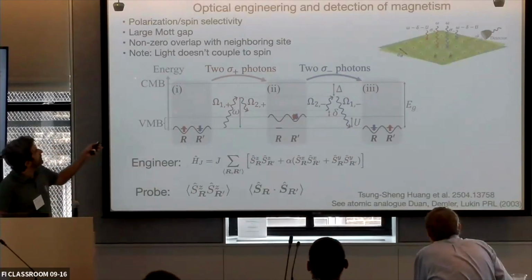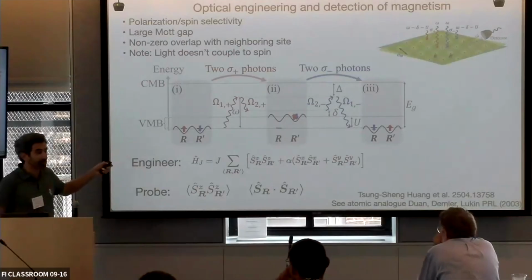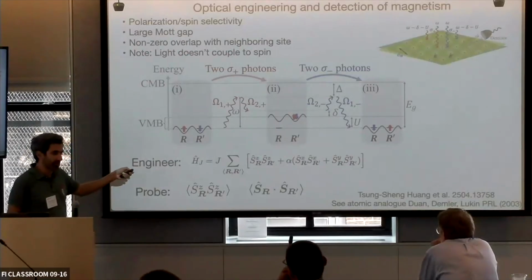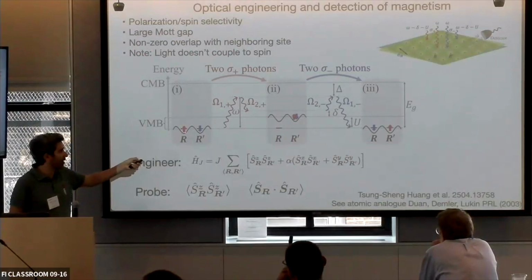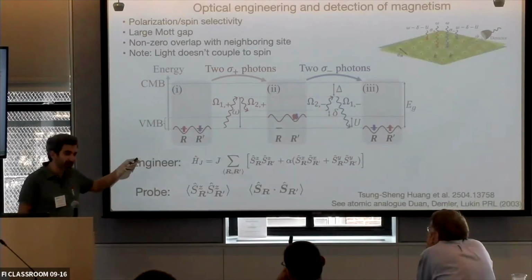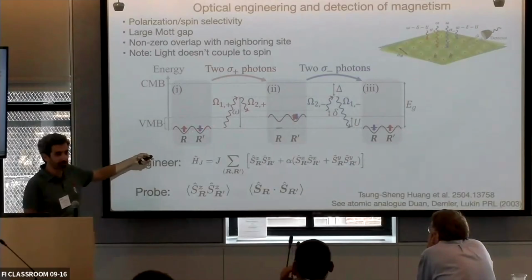the condition for this is written over here: non-zero overlap with the neighboring sites. So I still need to impart some momentum to the hole to go from one moiré cell to another moiré cell. That is required, and I think with the edge stacking it is kind of there, because the electron resides between two holes.